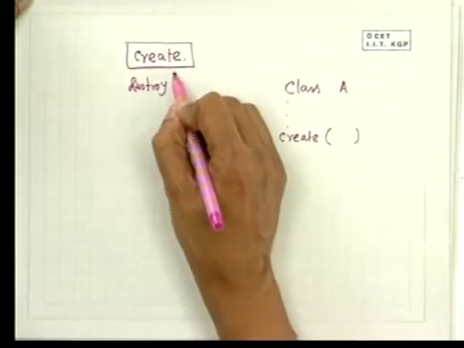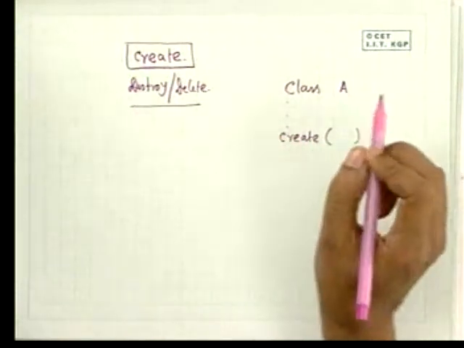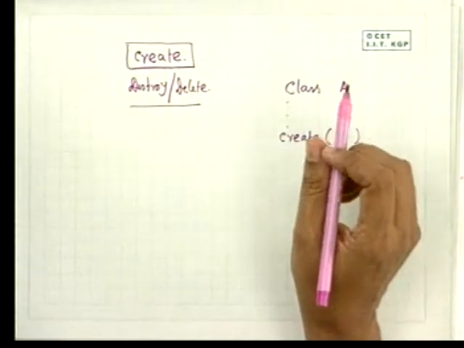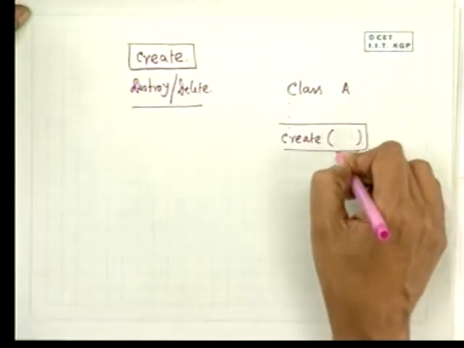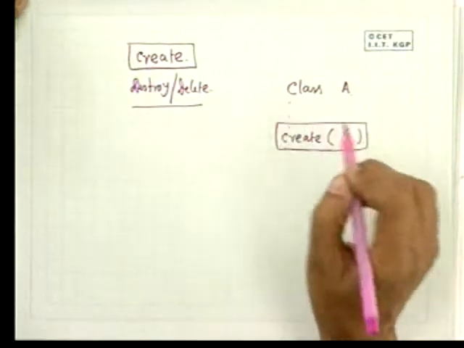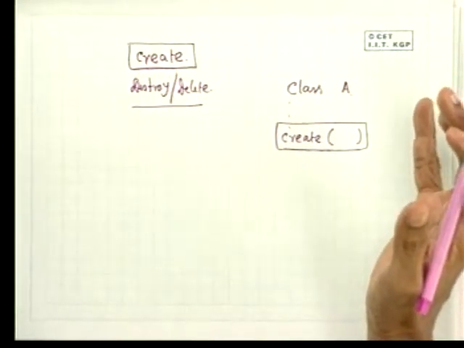Similarly, some languages will also destroy or delete an instance. You recall we have said that an object, whenever it's created, will have its unique object ID. So whenever you are creating an instance of a class, it will be given a unique ID, and this instance will remain in existence till you either explicitly delete it or some other mechanism is used for destroying it.